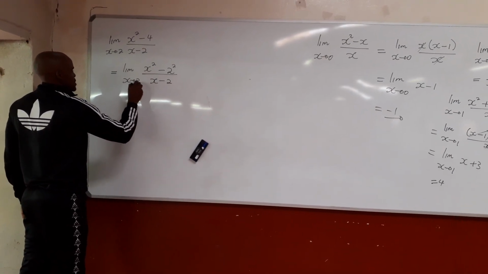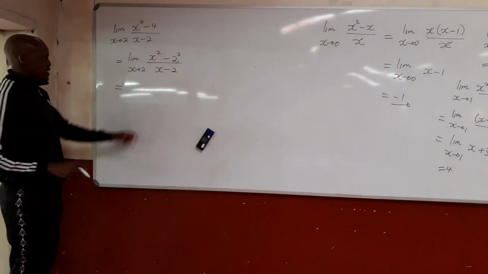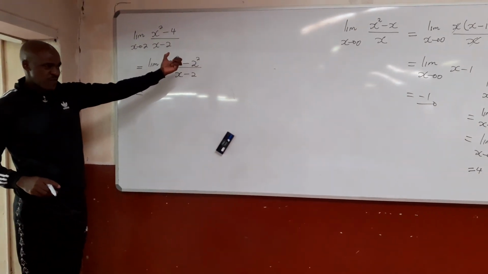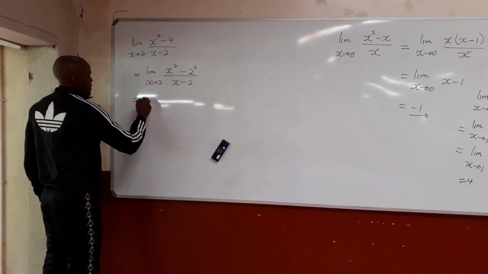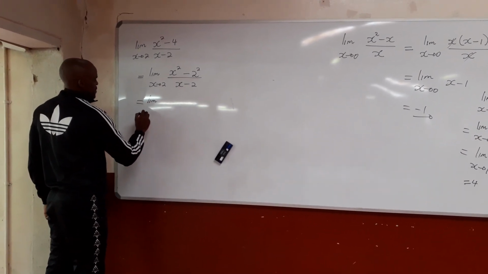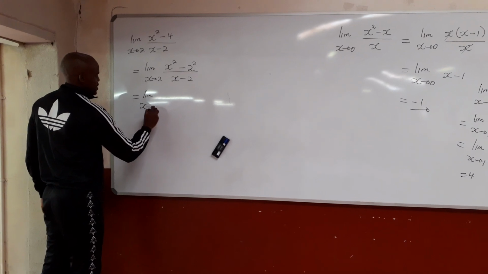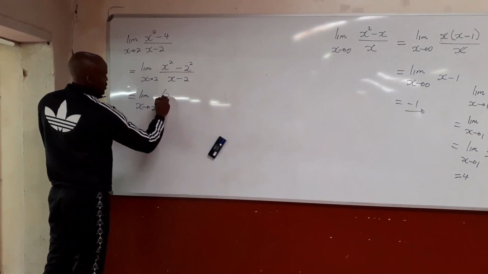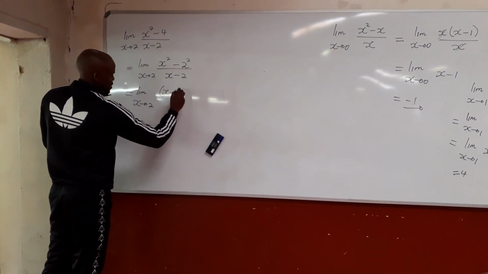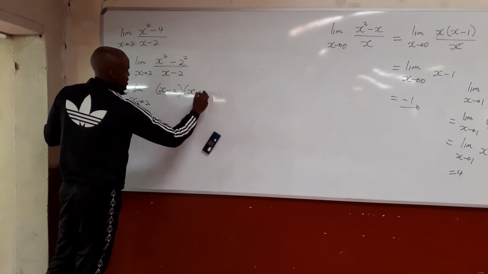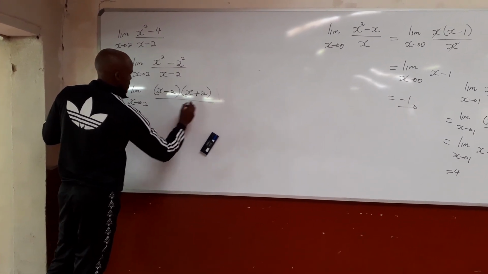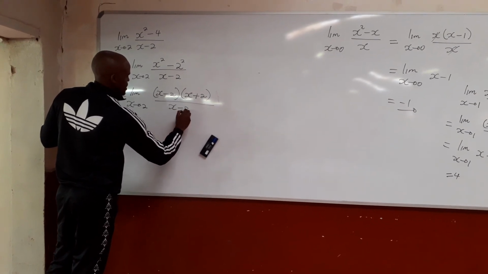X approaches 2. Therefore, let's factorize. If it's a difference of 2 squares, it's plus or minus. The limit as x approaches 2, we are going to have x minus 2 as your first factor, and x plus 2, difference of 2 squares, all over x minus 2.